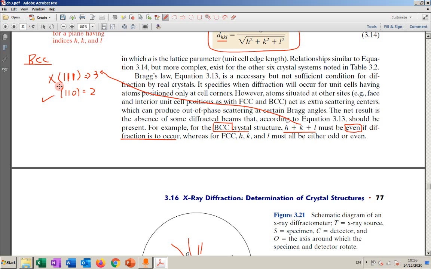So if the summation of the plane indices is an even number, it can be seen. Look, for example, here we have another one. Here's 200. 2 plus 0 plus 0 is 2. It's an even number. Also, this can be seen within the pattern.